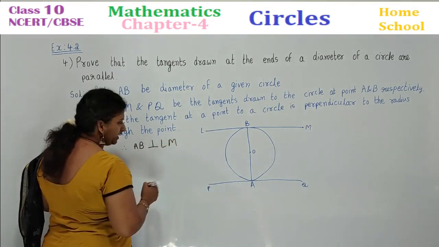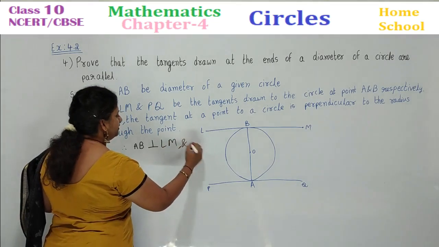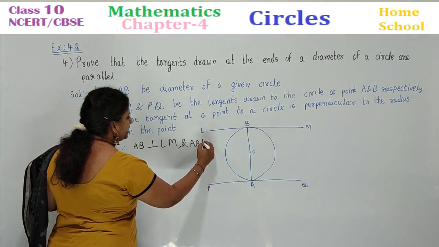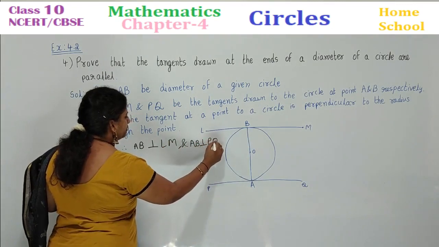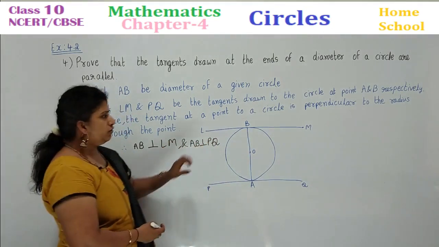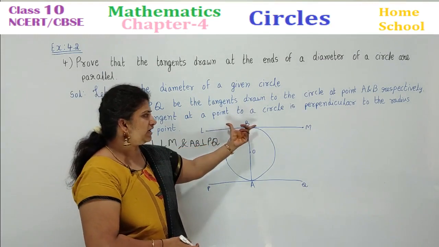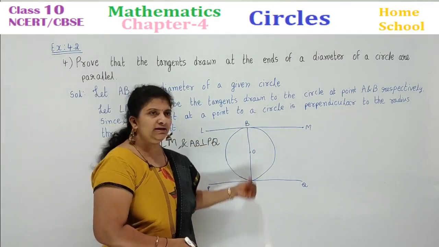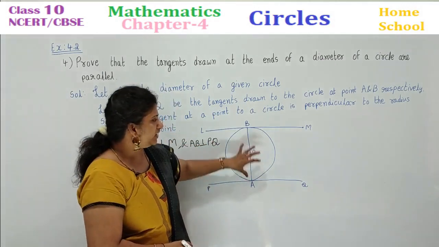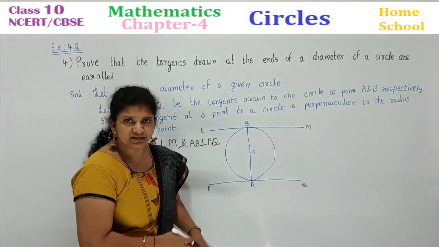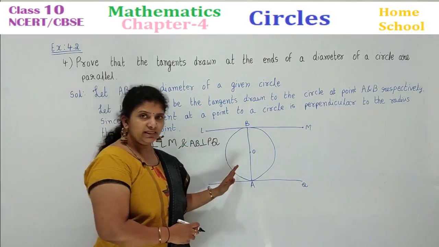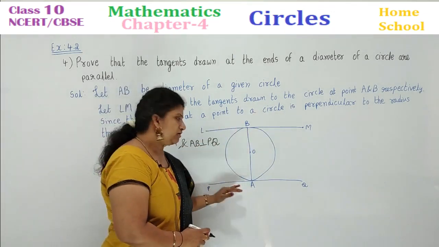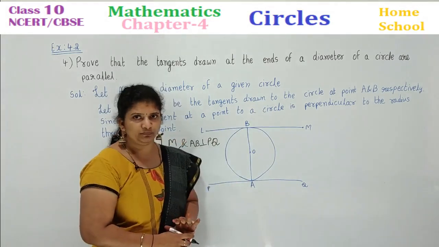AB is perpendicular to LM and AB is perpendicular to another tangent. What is another tangent? PQ. Yes or no? You can say BO is perpendicular to LM or OA is perpendicular to PQ. But for the complete diameter, if this is perpendicular, automatically the complete line is perpendicular. So in that way I have said AB is perpendicular to LM and AB is also perpendicular to PQ.